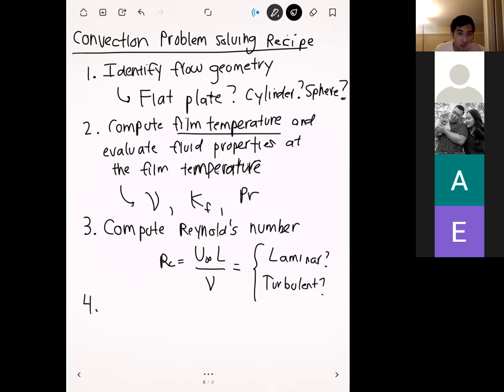Step number 4 is to decide whether we need a local convection coefficient, an average convection coefficient, or if we have a mixed situation.